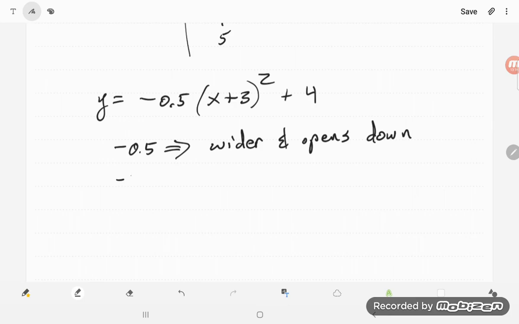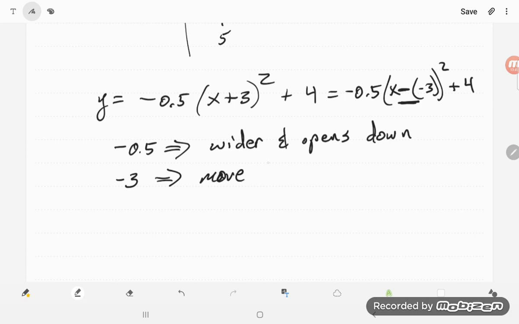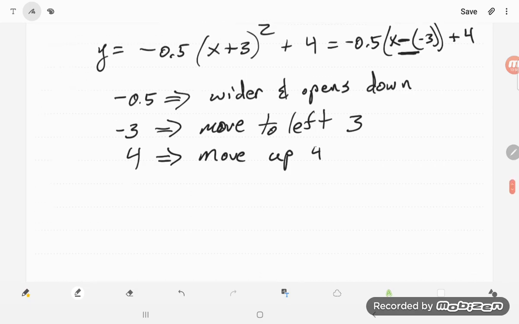That actually means it's a negative 3, because I could write this as negative 0.5 times (x minus negative 3) squared plus 4, which puts it in the right form. So see, it's all about that form, and that has to be a minus. So this is a negative 3, and it says move to the left 3. And then the 4 is positive, so it says move up 4. And of course, that's the vertex.